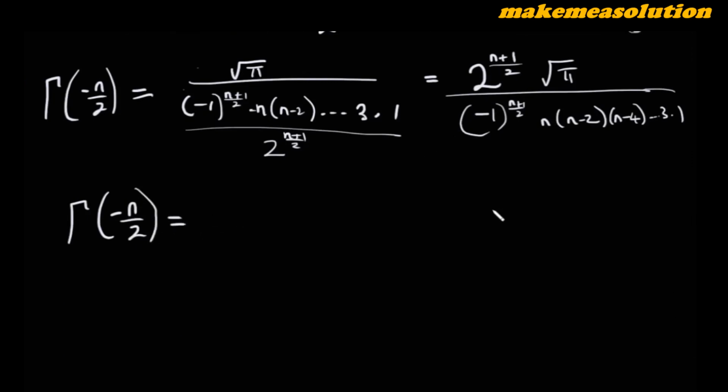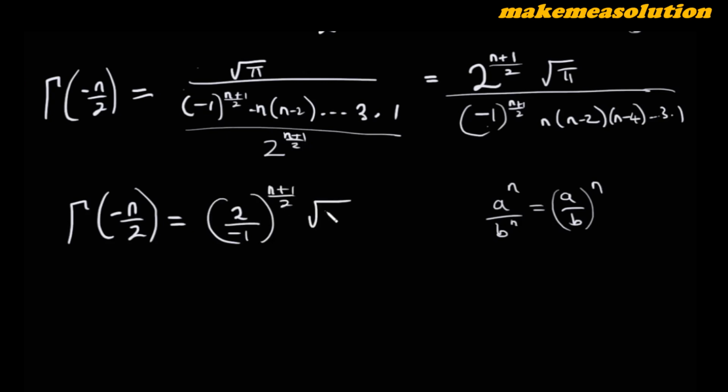Law of indices, a raised to the power of n divided by b raised to the power of n is still a over b raised to the power of n. If you observe, 2 and minus 1 share the same power, so it will now be 2 all over minus 1 raised to the power of n plus 1 over 2. Then you now have root pi, and all over you have n minus 2, n minus 4 up to 3, then 1. Is that okay?